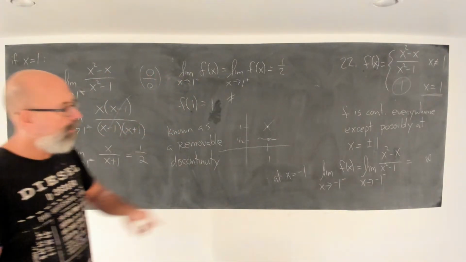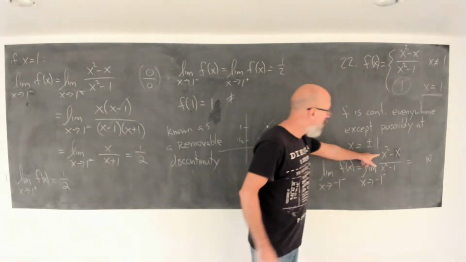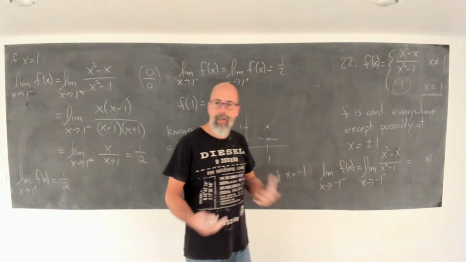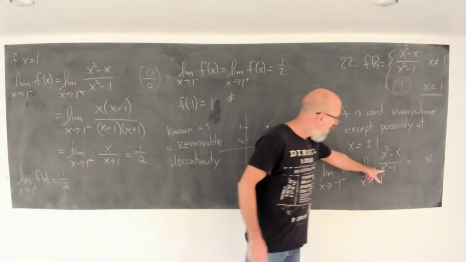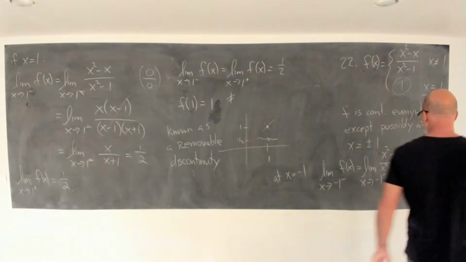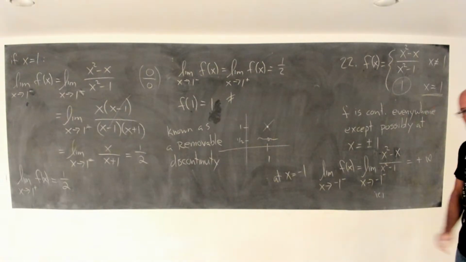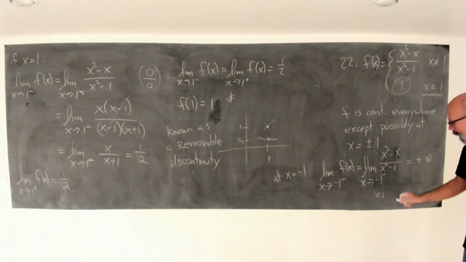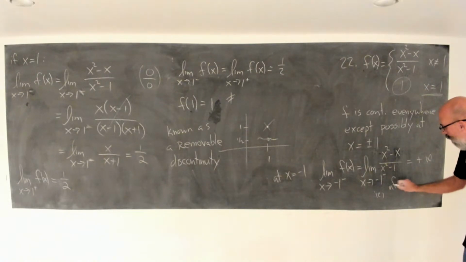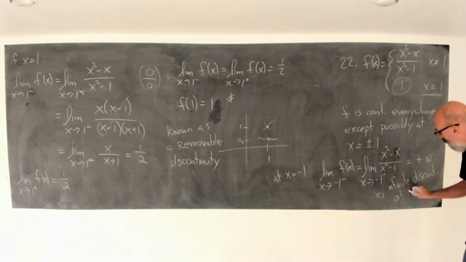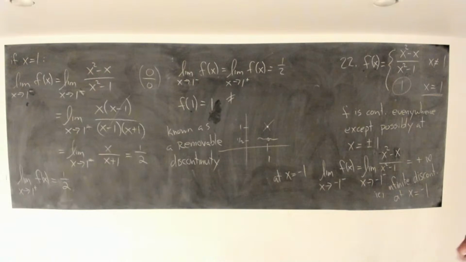Numerator is close to 2, so that's going to be positive. A number less than 1, when you square it, you get something bigger than 1. Something bigger than 1 minus 1 is going to be positive, so positive on top, positive on the bottom. You have a positive infinity, and there's no need for you to go further, i.e. infinite discontinuity at negative 1.